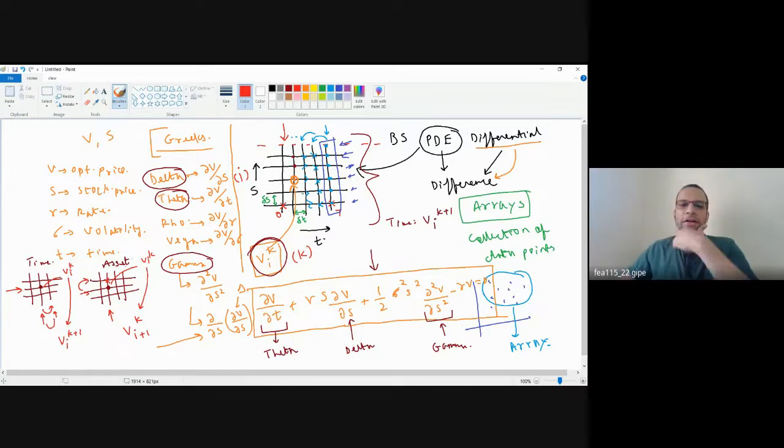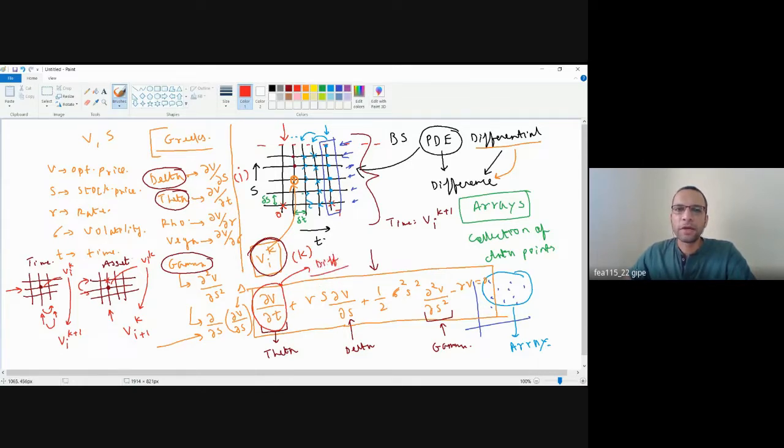So now we are going to attempt to convert all of these differential terms into something in the form of VIK. Because I can't really implement a dV by dt directly in a program. It's not possible. This is continuous time, so representing that through code would be difficult. But an easier way to do that can be to convert this into a difference equation format.